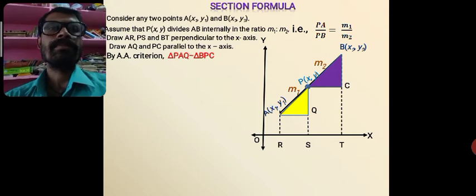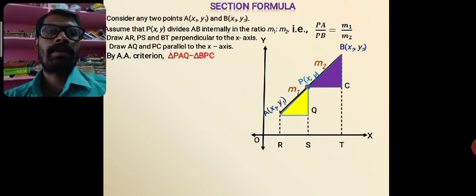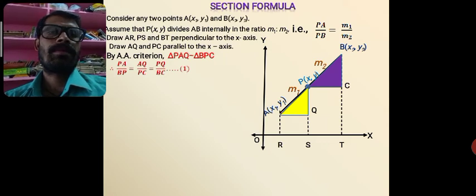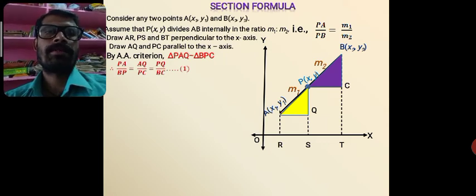So triangle PAQ is similar to triangle BPC by AA criteria. Therefore, their corresponding sides are in proportion. That is PA by BP is equal to AQ by PC is equal to PQ by BC. Let me call that ratio 1.